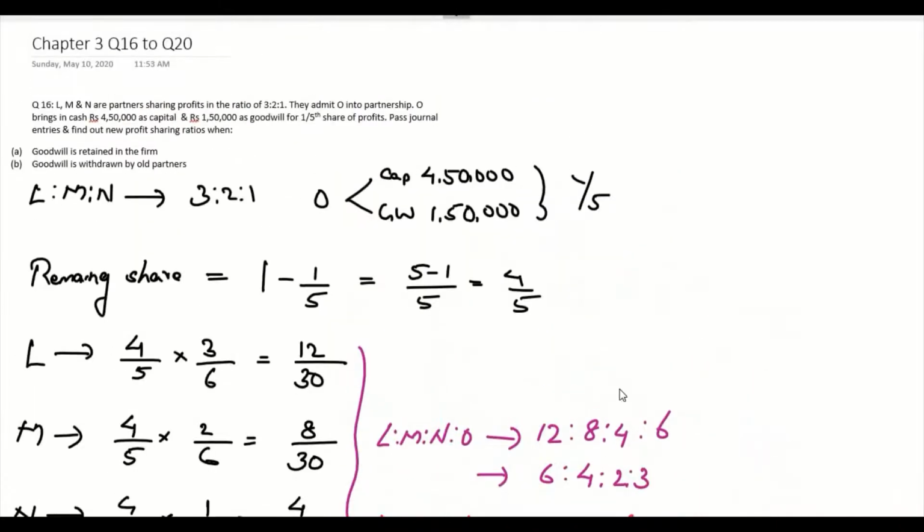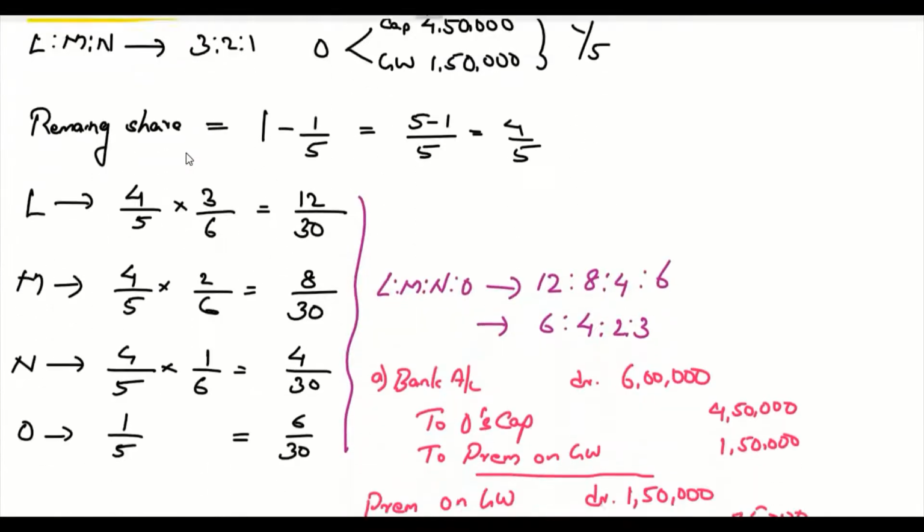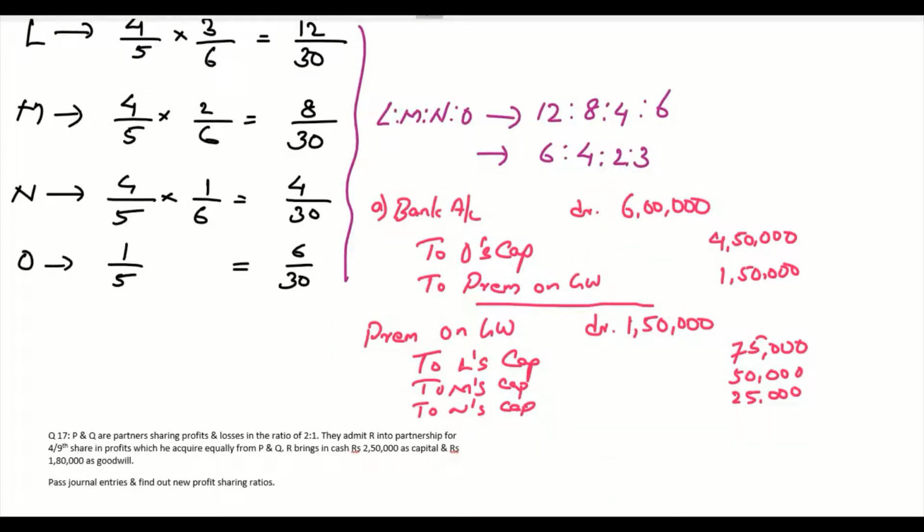Now if you look, the question has part B as well. Goodwill is withdrawn by old partners. So when cash is withdrawn from the business, it's going to be bank account credit and partners' capital account debit.